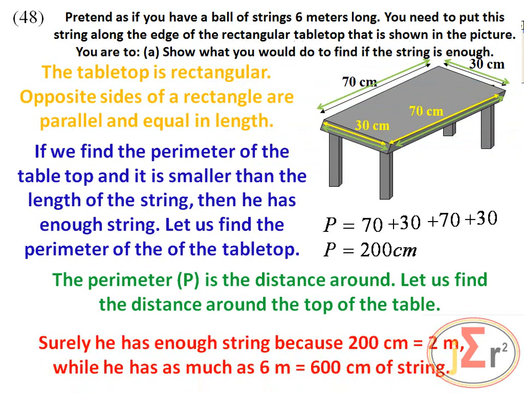Surely he has enough string because 200 centimeters is equal to 2 meters, while he has as much as 6 meters. So he has 6 meters, which is 600 centimeters of string. Therefore, he has enough string. Okay? Yes. Okay.